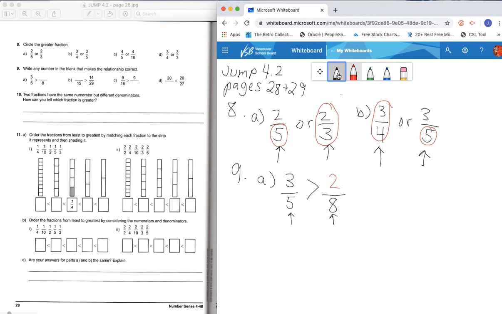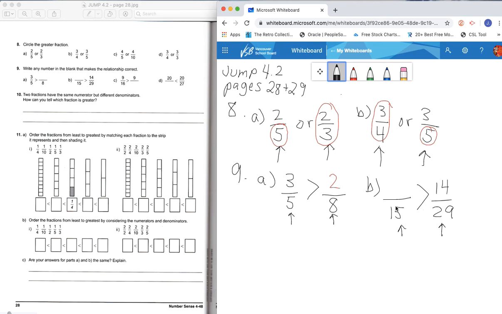All right, let's do one more together. B, something over 15 is greater than 14 over 29. So again, you can see that out of these two denominators, the 29 is bigger. So 29 is going to be the smaller fraction.